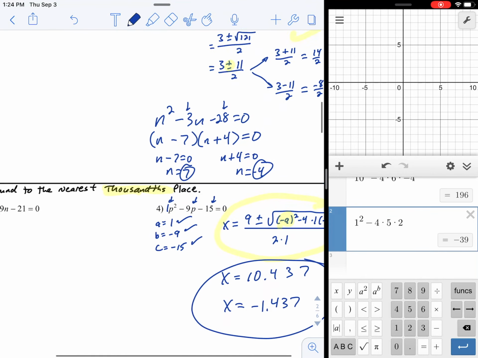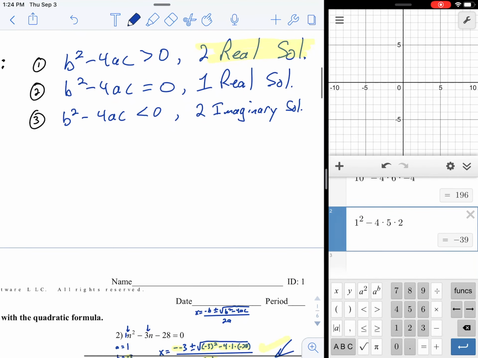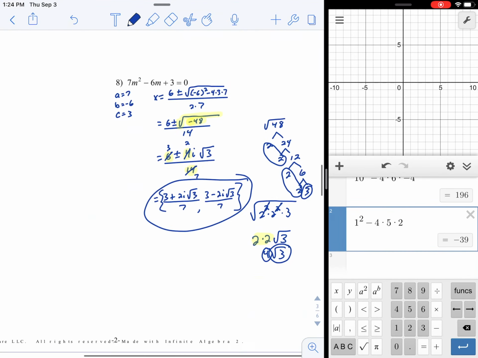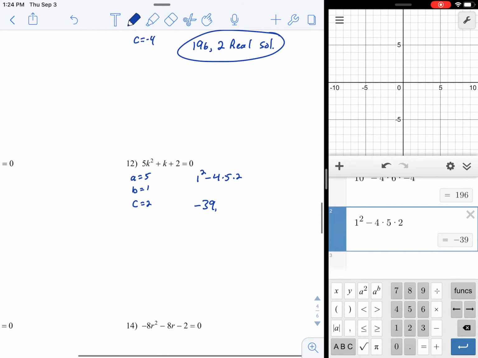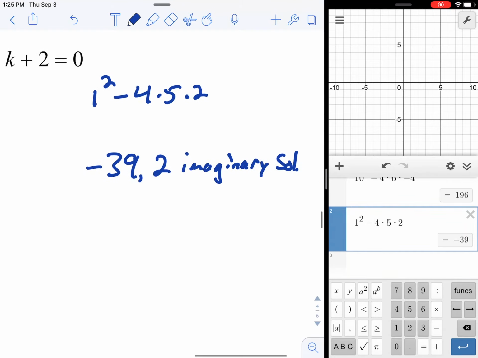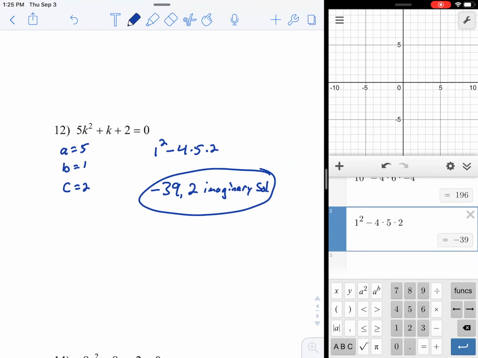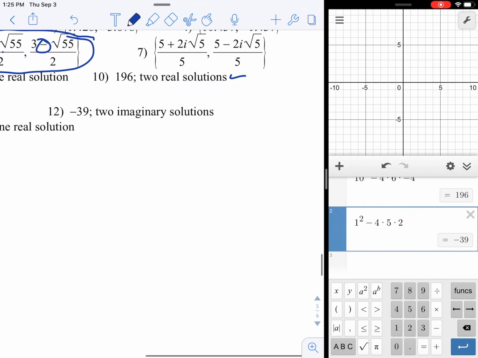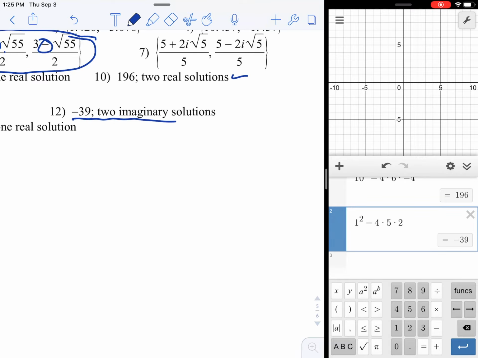What does that mean? Less than 0, 2 imaginary solutions. So -39 is the discriminant, and that means there are 2 imaginary solutions. That should be the answer to number 12. Let's check. -39, 2 imaginary solutions. Got it.